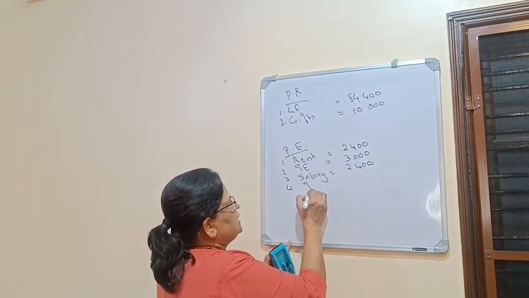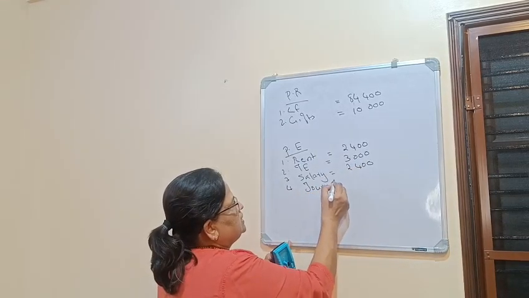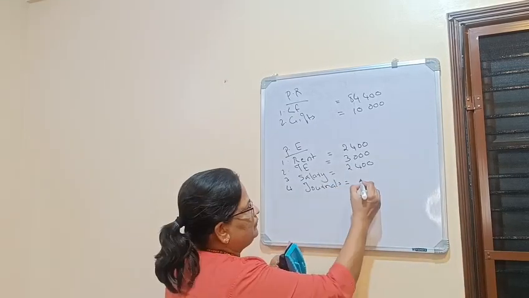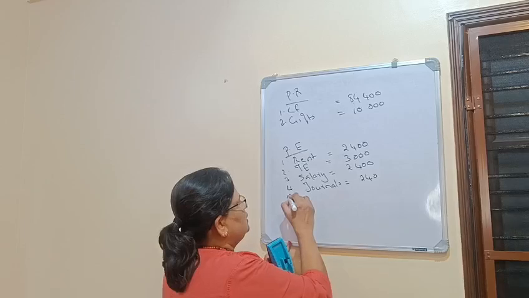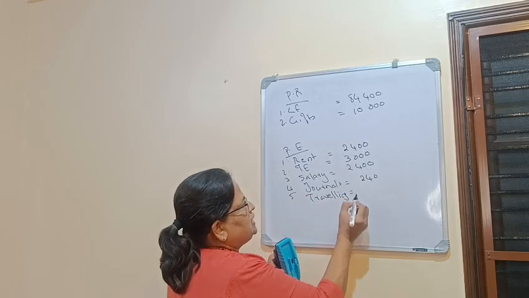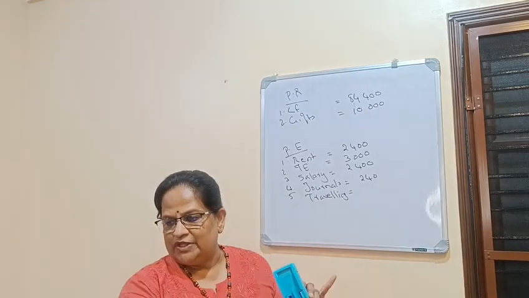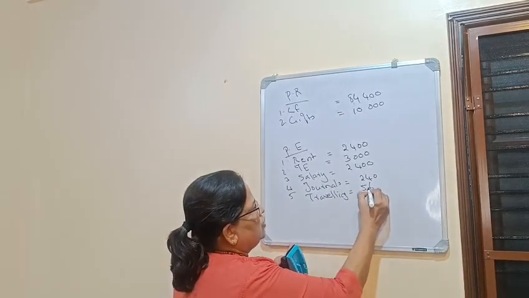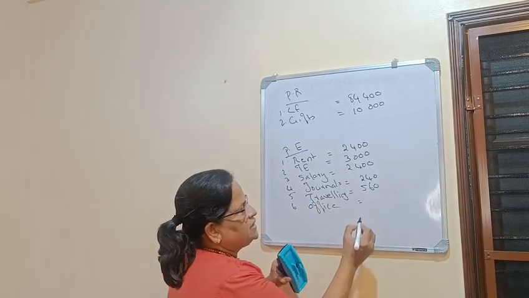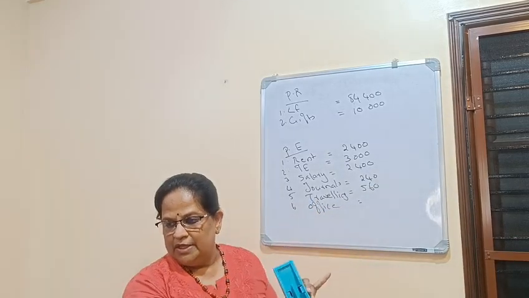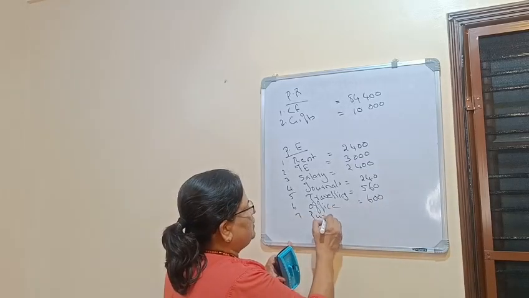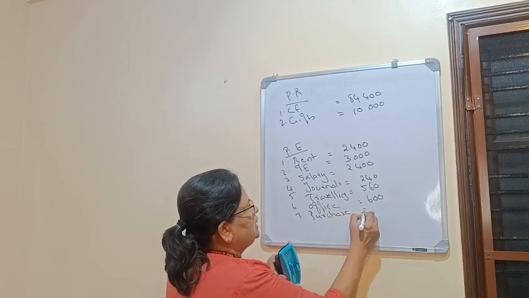Subscription to law journals, the value is 240. Traveling, if it's for official use we can allow; we have to see the adjustments also. Traveling 560. Office expenses, the value is 600. Purchase of stamp paper allowed.